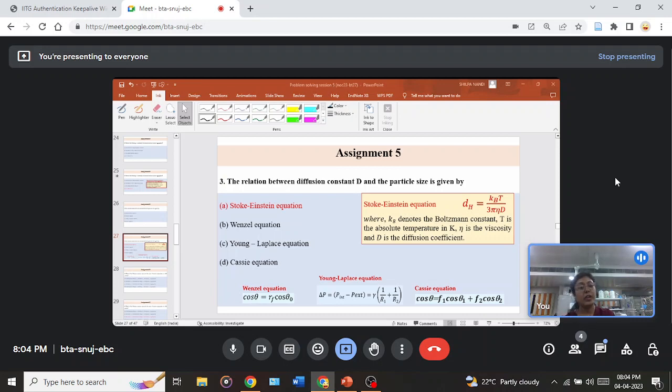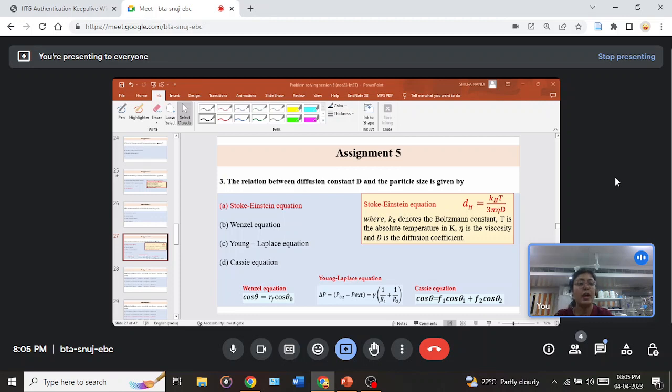Now again, where do we use this DLS? In the last question, we had the determination of hydrodynamic diameter. This hydrodynamic diameter is your dH here in the Stokes-Einstein equation. So the determination of hydrodynamic diameter using the instrument DLS, that is dynamic light scattering, which has the basis as Stokes-Einstein equation, is done for the characterization of protein aggregation.